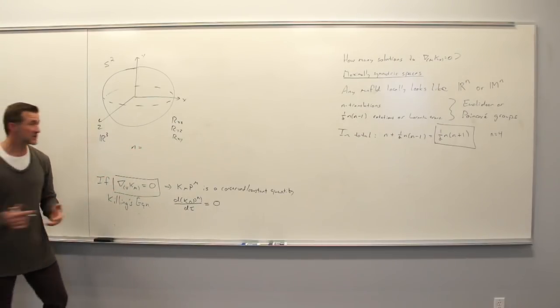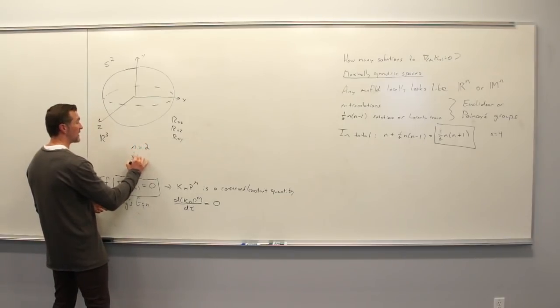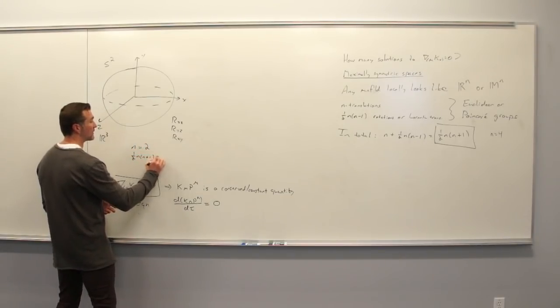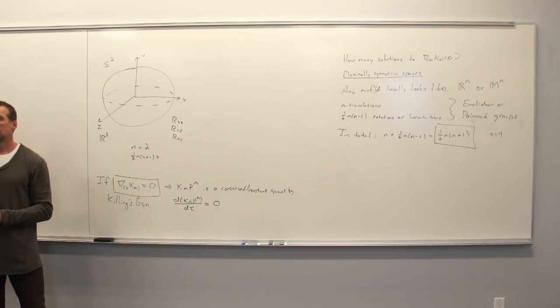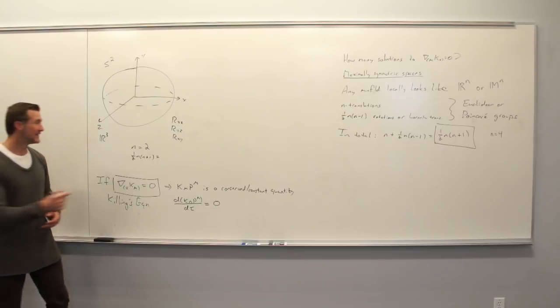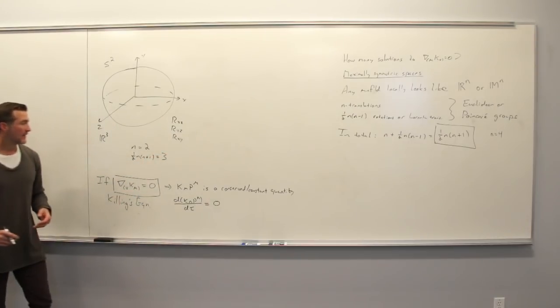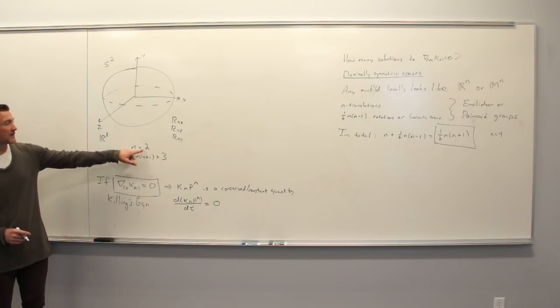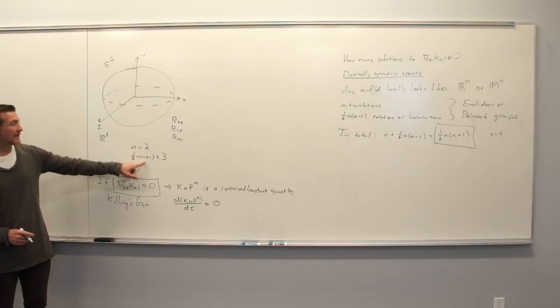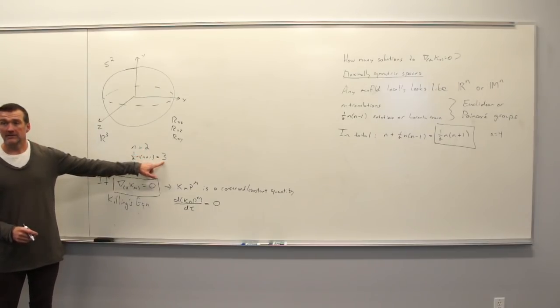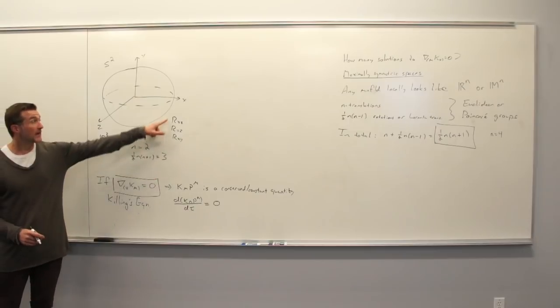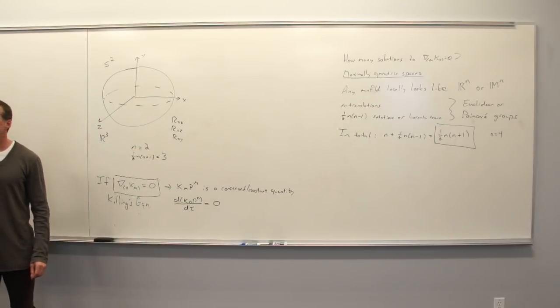It's a 2-dimensional space. So what is 1/2 n times n plus 1 for a sphere? Gabriel, you looked at me, man. It's 3. So if the sphere is 2-dimensional and the sphere has 3 symmetries, then the sphere is maximally symmetric. But I just told you what those 3 symmetries were.